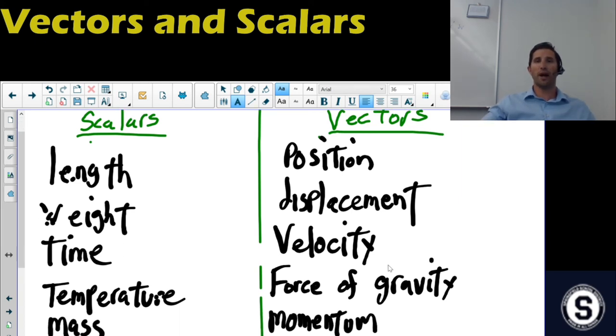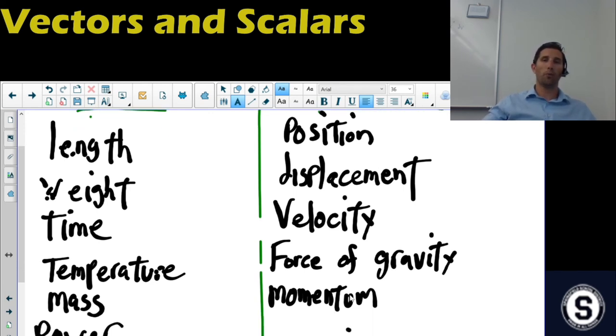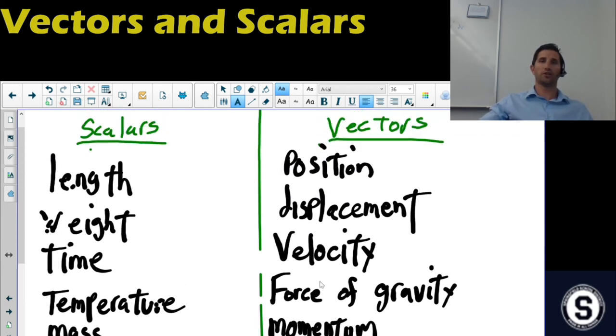Force of gravity or forces in general are vectors. Momentum is a vector because when things collide, it depends on what direction they're moving, and momentum is conserved in a collision, so momentum is a vector quantity. If they have an amount and a direction, we call them a vector. If they have only an amount, they're scalars. They have only that thing we call magnitude.